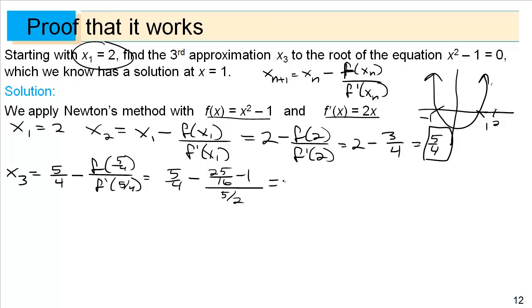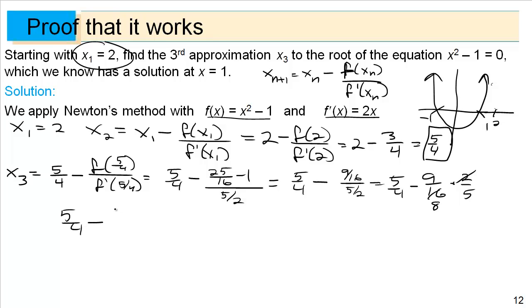And this comes out to be 5/4 minus, on the top we have 25/16 minus 16/16, right? So 9/16 over 5/2, 5/4 minus 9/16 times 2/5, that becomes an 8, right? And then this is 5/4 minus 9 over 40.